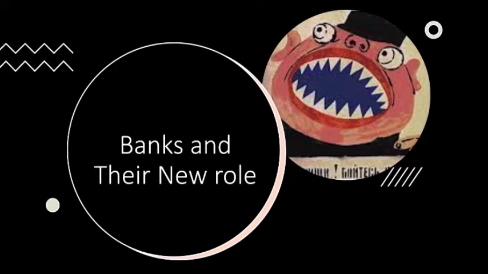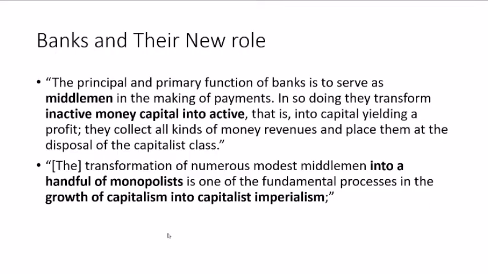This chapter is definitely a little bit of a slog to get through, but is interesting nonetheless. Okay, so let's talk about what banks are first of all, and then we'll get into their role specifically in the imperialist context. So the principal and primary function of banks is to serve as middlemen in the making of payments.